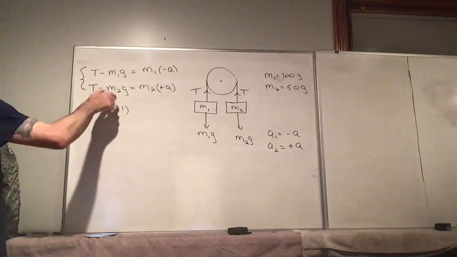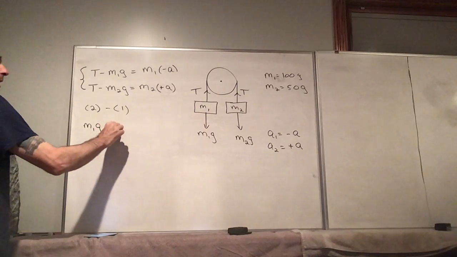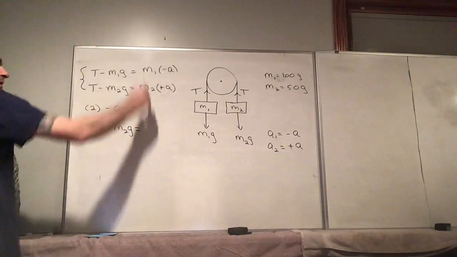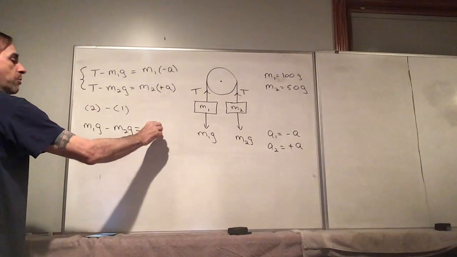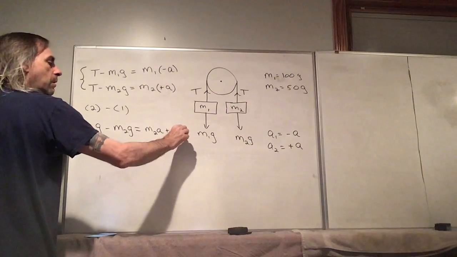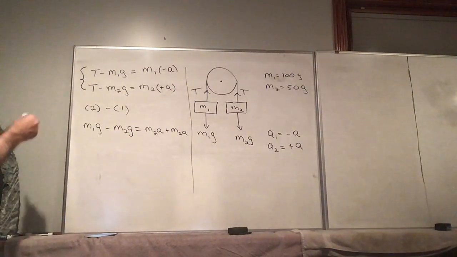So if we're subtracting this, we'll have M1G minus M2G, and we're doing the second minus the first. So that'd be M2A, and then minus a negative, we're going to have plus M2A.